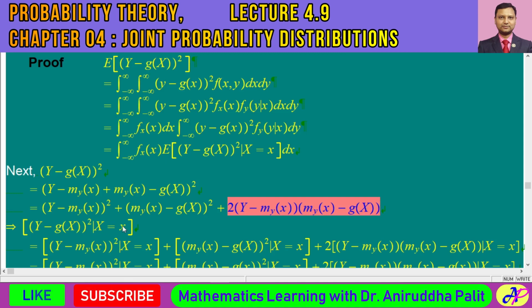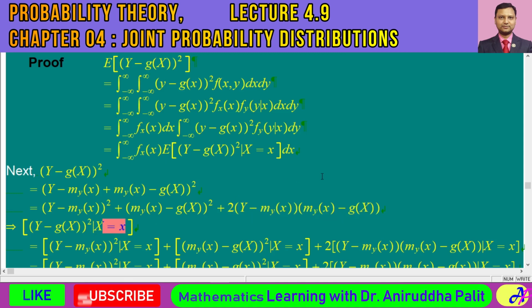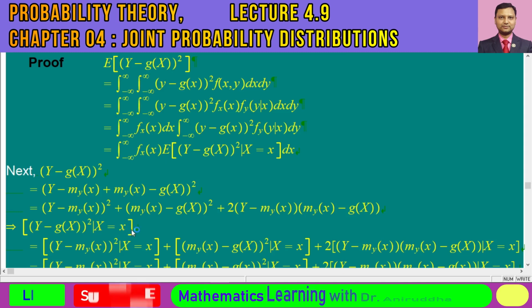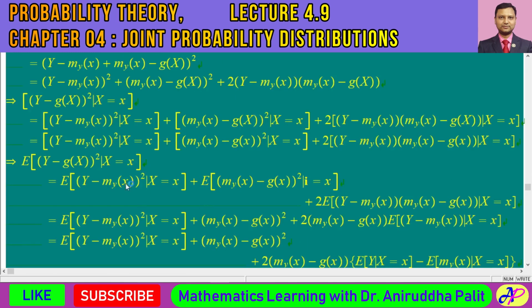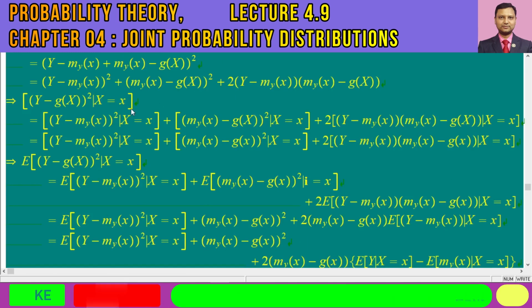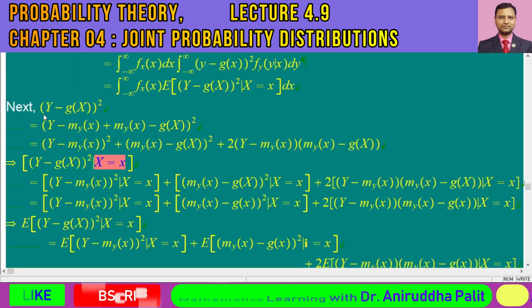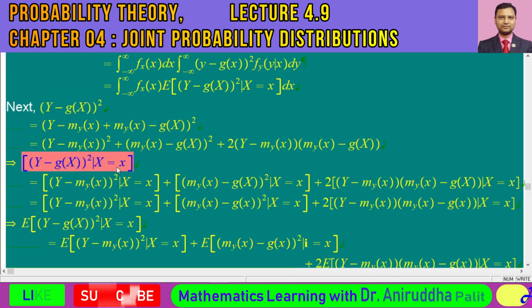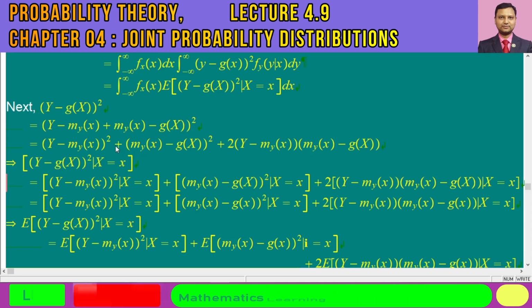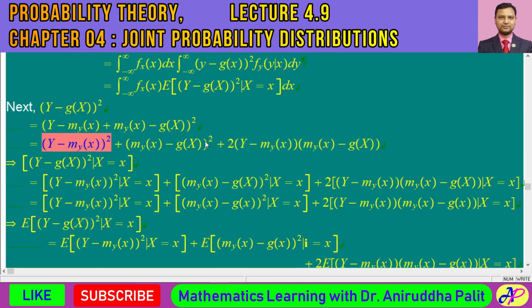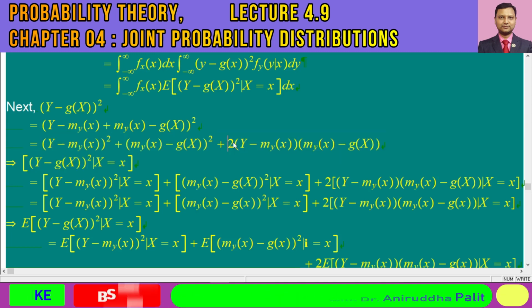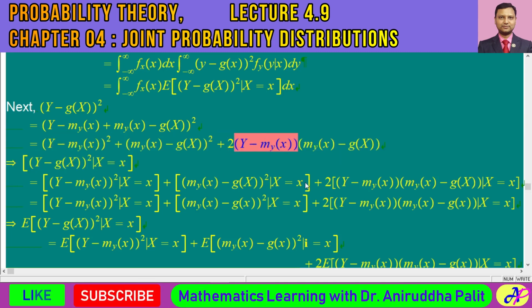Now we put X is equal to small x. We put the condition that X is equal to small x. So on the left we consider this type of conditional event by putting X is equal to small x, and then in the first term, the second term, and the third term, we shall have to put X is equal to small x.